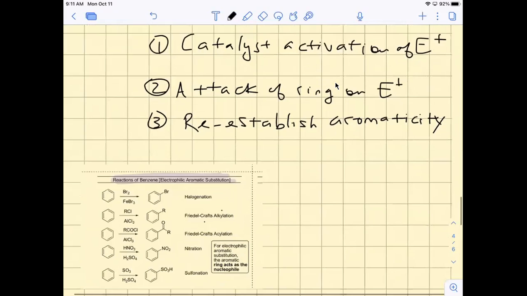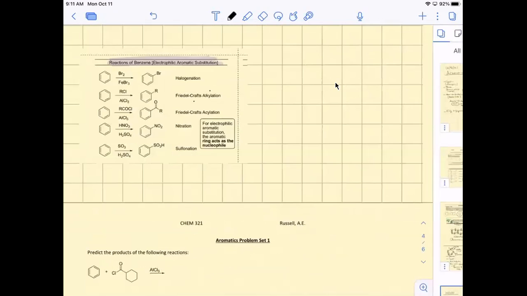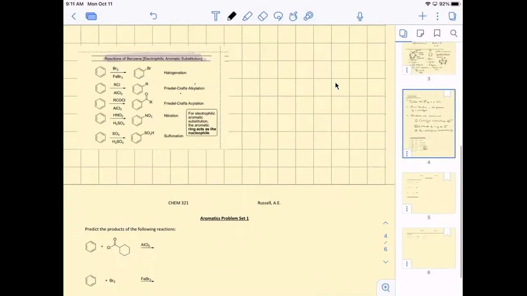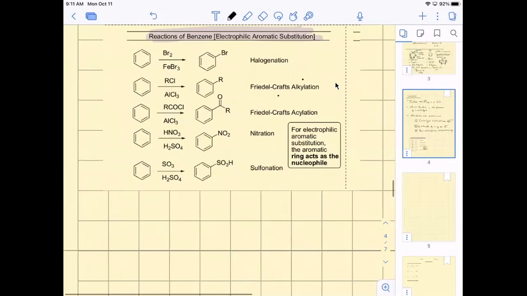All right, so let's look at that first reaction. I'll start another page. Let's look at the first reaction, which is a halogenation reaction.